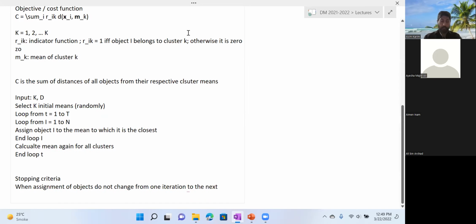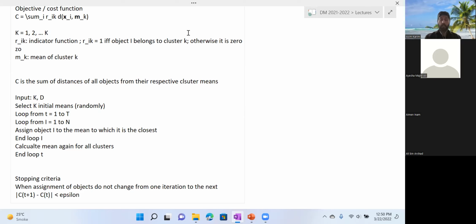The other is, of course, based on the cost function. If cost for the iteration t plus 1 minus cost for the iteration t, and of course, you may want to take an absolute value on this, is less than some small number, epsilon.